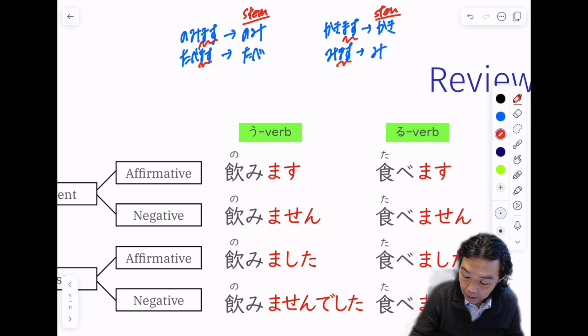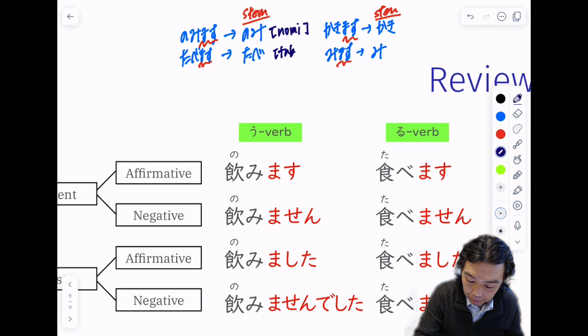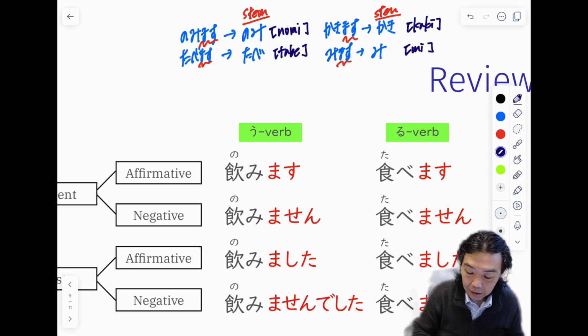Okay, and then if you look at the stems, nomi, tabe, kaki, mi, they always end with i, like nomi or kaki, or e, as in tabe.